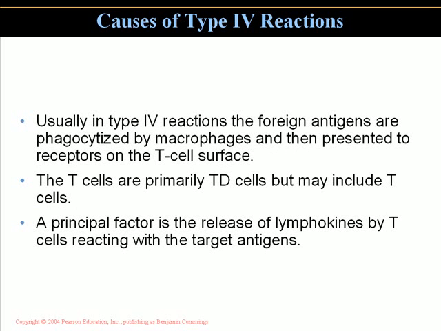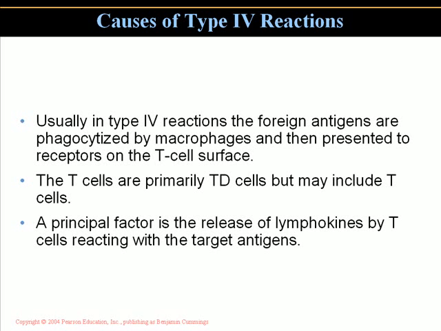Now, usually in type 4 reactions, the foreign antigens are phagocytized by macrophages and then presented to the receptors on the T cell surface. The T cells are primarily cytotoxic T cells. The principal factor is the release of lymphokines from T cells reacting with target antigens.